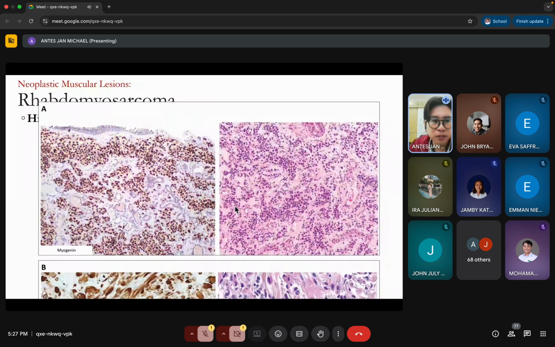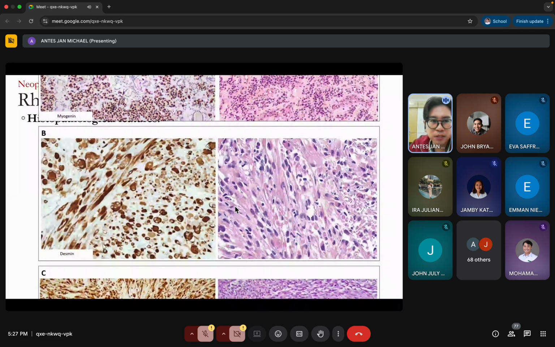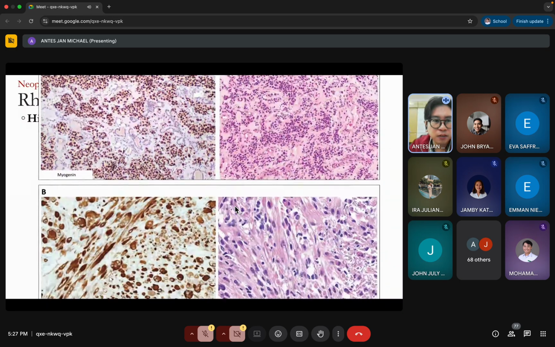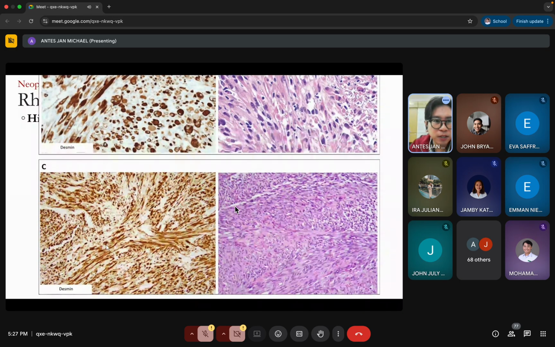Now this is a spindle type. Here all of the cells are positive for IHC stain. This one here may seem like we're dealing with leiomyoma, but this one is Desmin. But I do have some other stain here that's positive for myogenin.